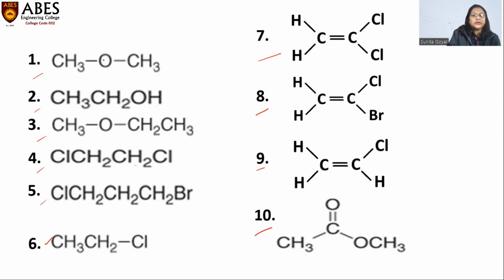For example, here we can say there are two sets of protons, 1 and 2, but both are chemically and magnetically the same. They will absorb radio frequency at the same field strength because they are at equal distance from oxygen.